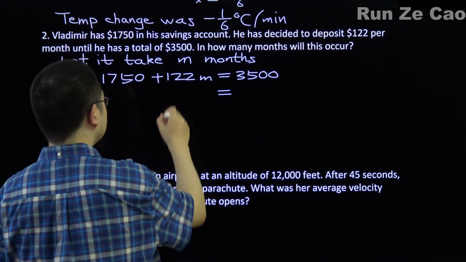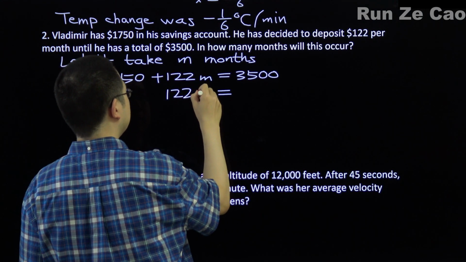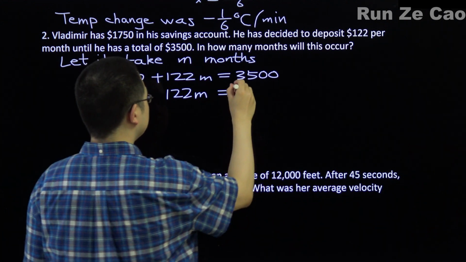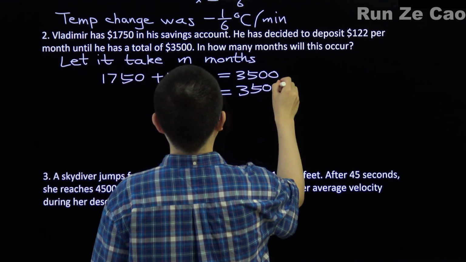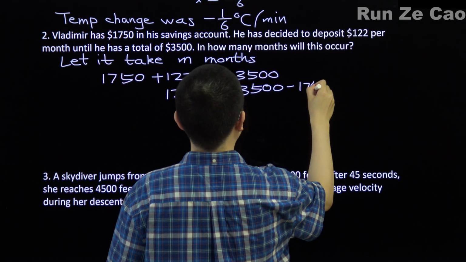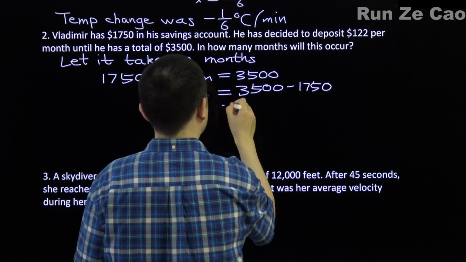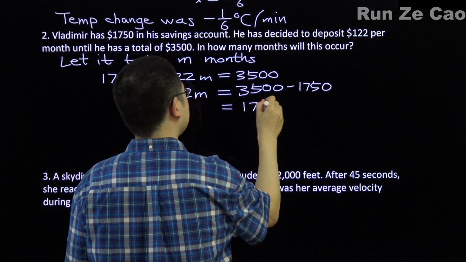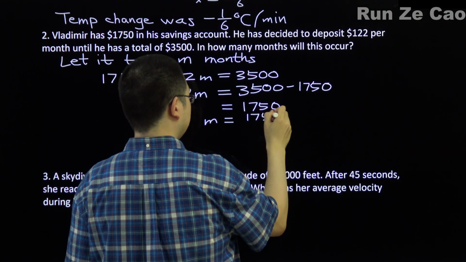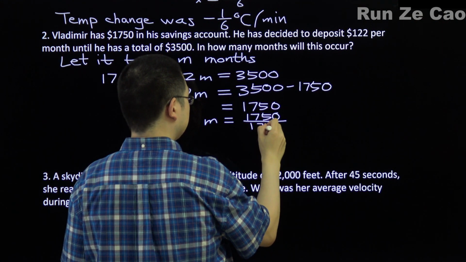So 122M is equal to 3,500 minus 1,750. Well, you end up with what? 1,750. 1,750 over 122.